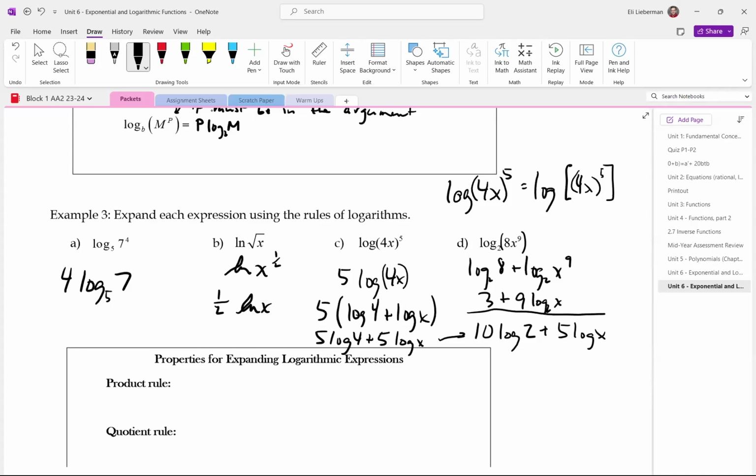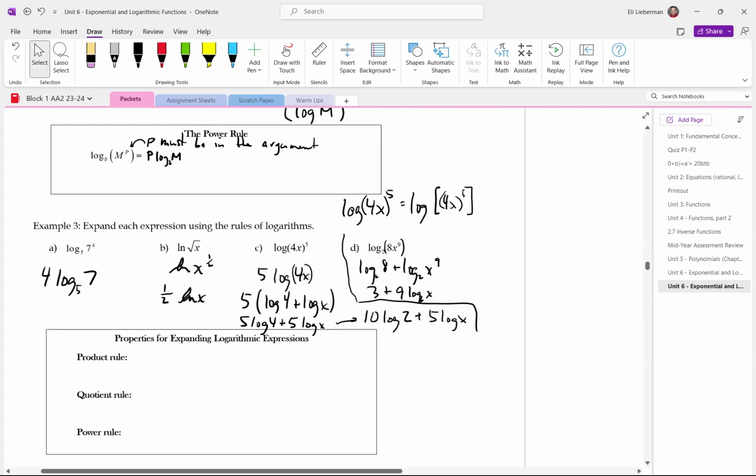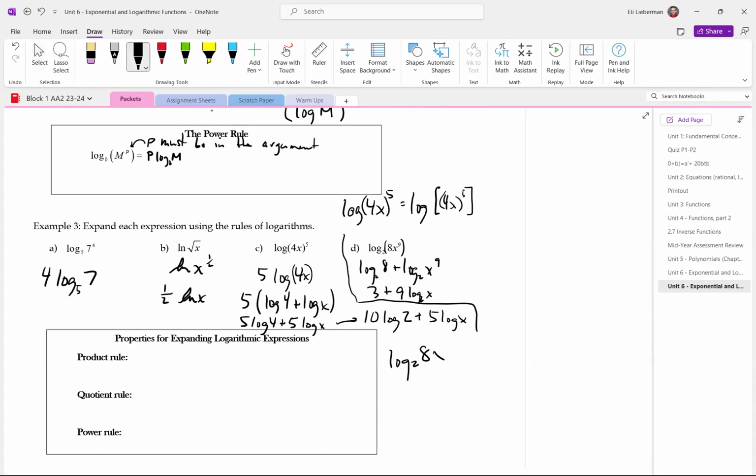Let me put a line here just to separate all this stuff. Can I answer any questions about this? And I do have to say, the way it was originally written, it really isn't clear if that x to the 9th is part of the argument.